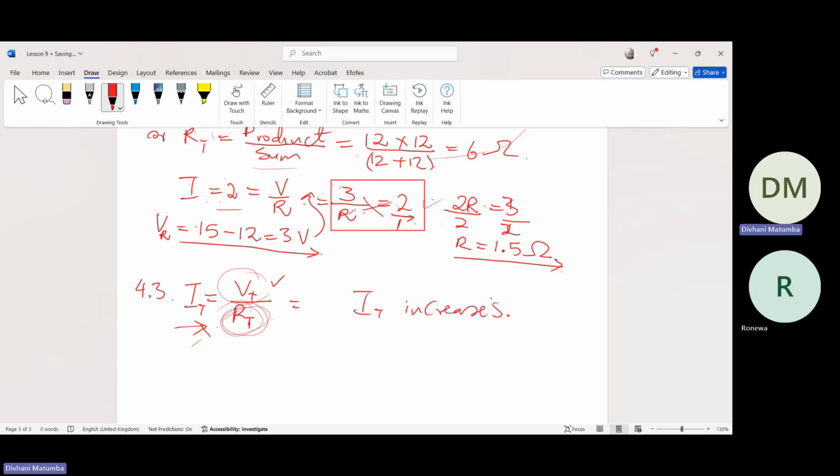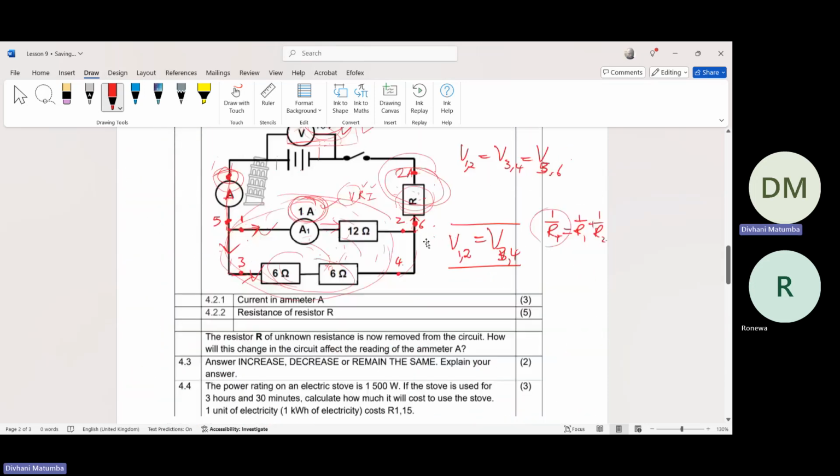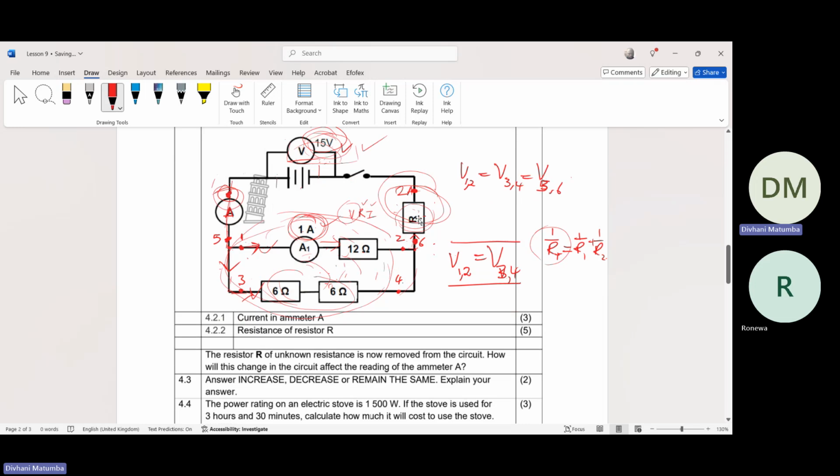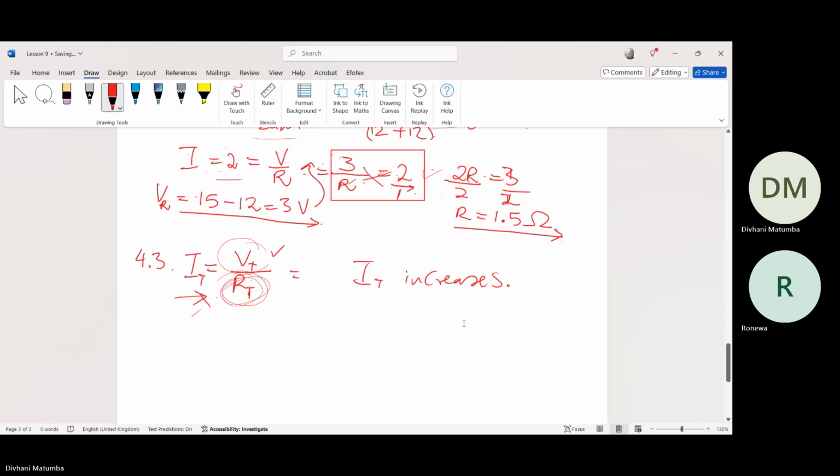If you want to see it, let us assume that we have removed resistor R. So if we have removed resistor R, you remember from our last session last week that the effective resistance of the parallel connection was 6 ohms. You agree? Yes, sir.